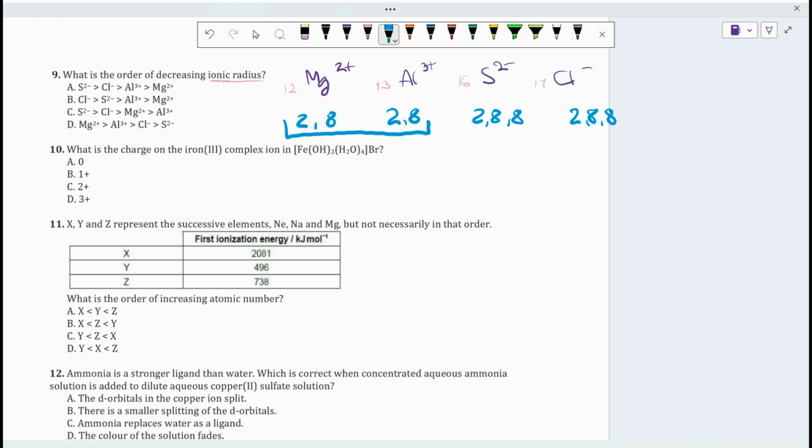Okay, so aluminium has more protons than magnesium, which means there will be a stronger nuclear charge pulling in the electrons, making this ion smaller. Okay, so out of the 2, aluminium will be smaller.